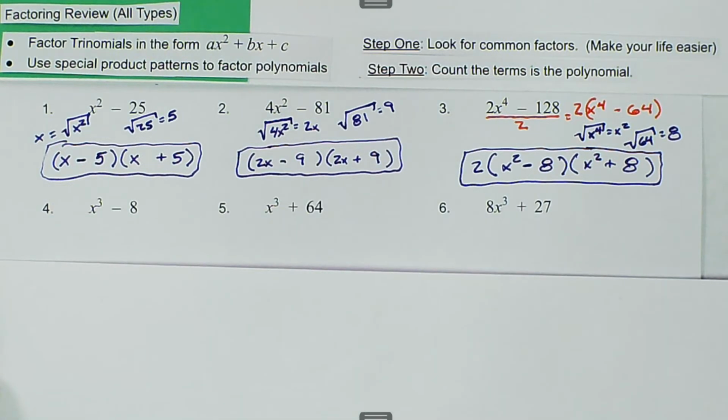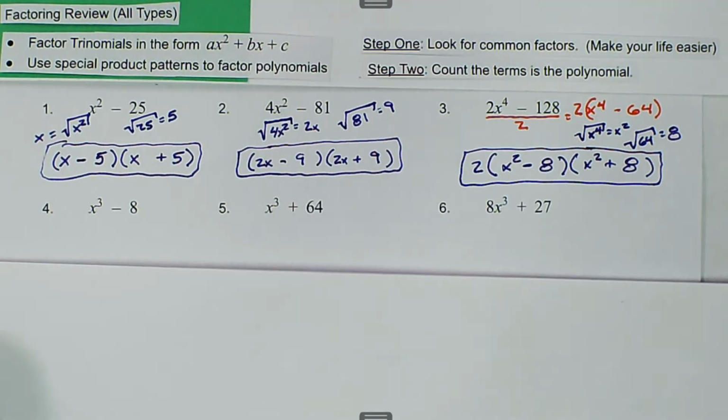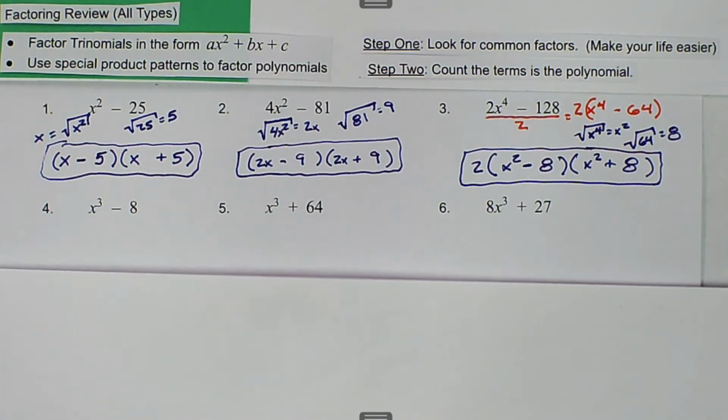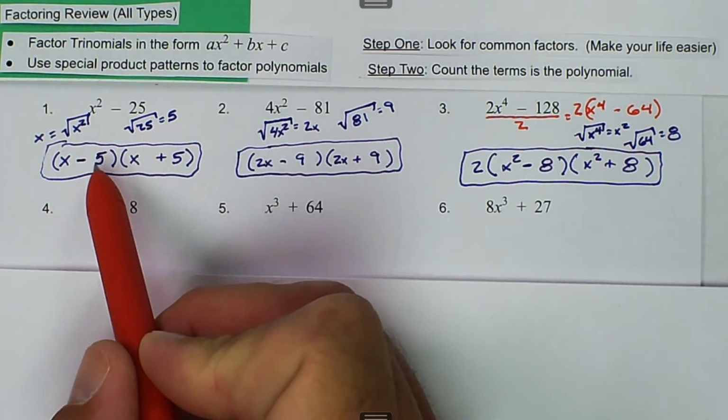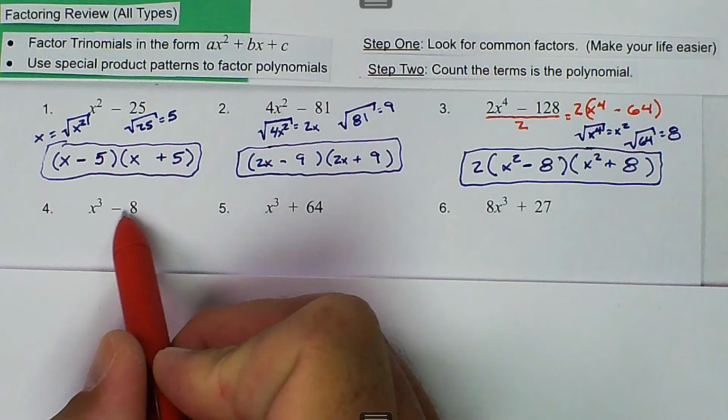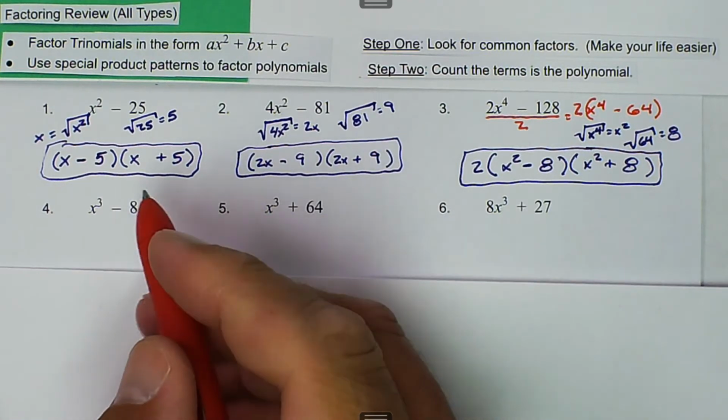Now we look down, and we still have binomials, but we should notice that we have x to the 3rd. So now, instead of thinking of squares and thinking difference of squares, we should be thinking cubes, and in this case, difference of cubes.